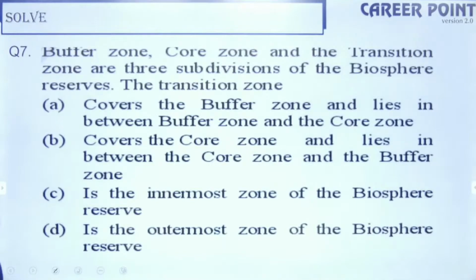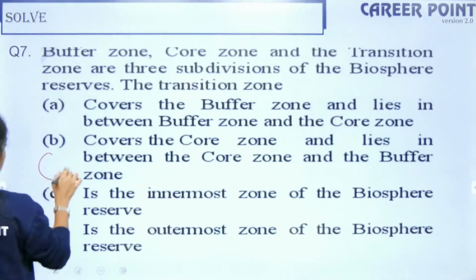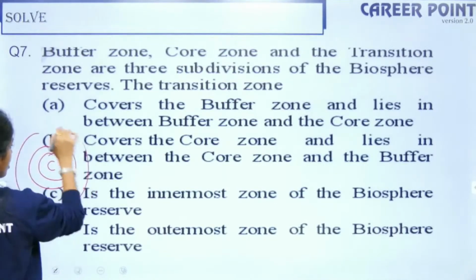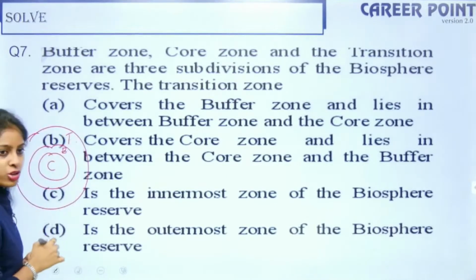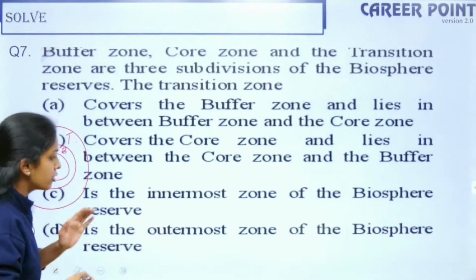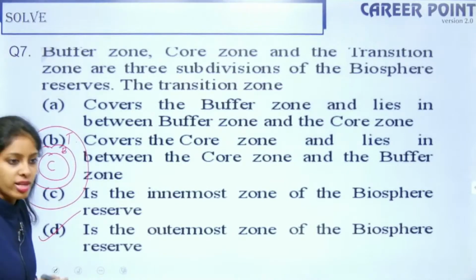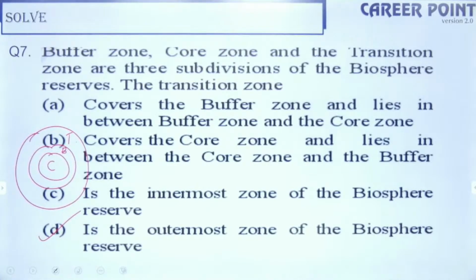So, which one is the right term for transition? You have 3 zones. You have your core zone, then you have your buffer zone, then you have your transition zone. So, which is the right answer? Yes, absolutely right. The outermost zone of the biosphere reserve is your transition zone. Yes, perfectly right.